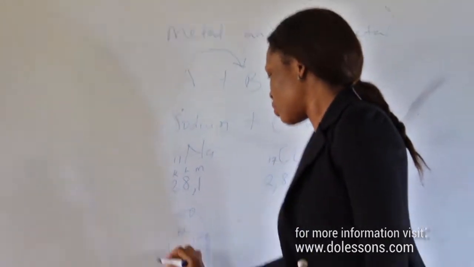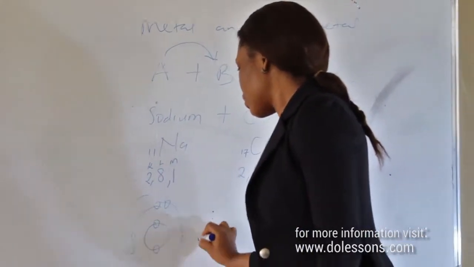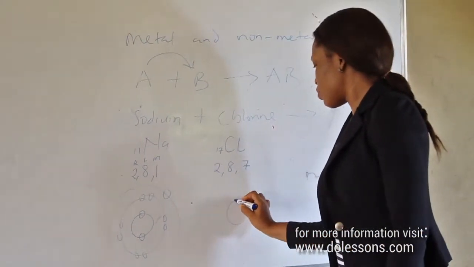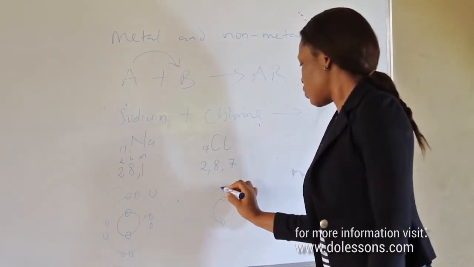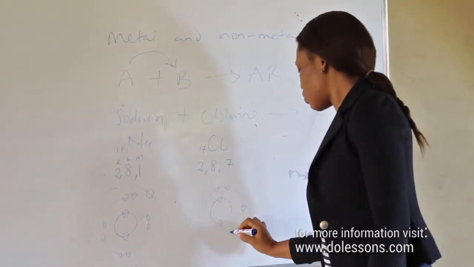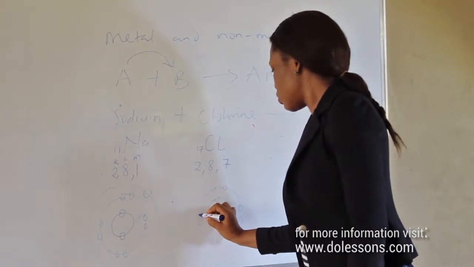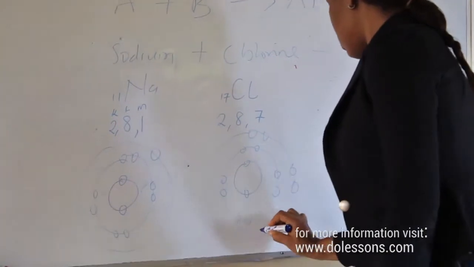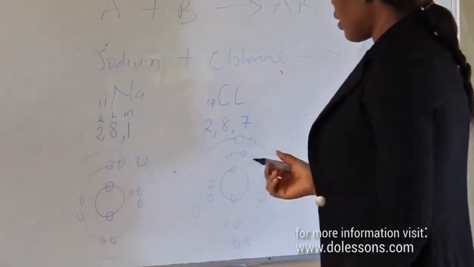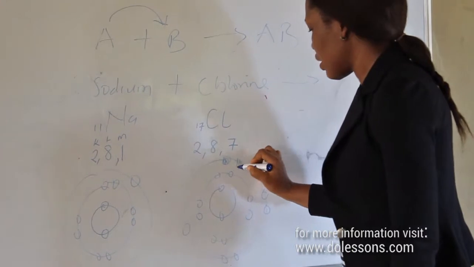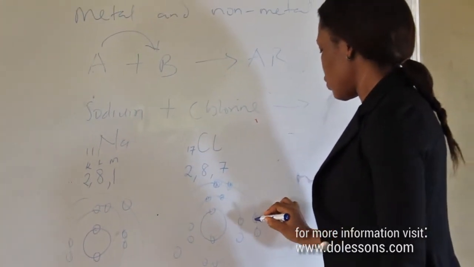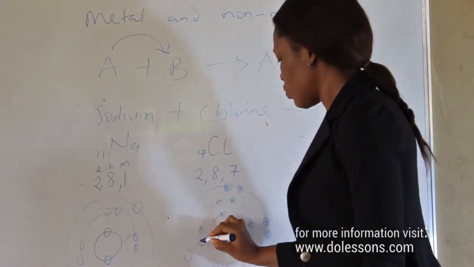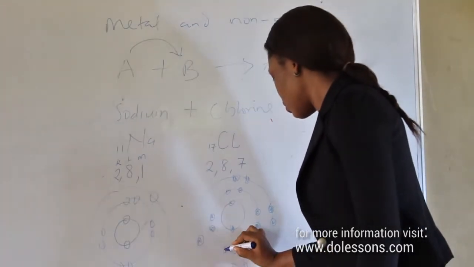I need to draw 1 electron in the outermost shell, while chlorine will have 2 in the innermost shell. Now, I'll shade the electrons. The electrons in chlorine are shaded, so we can differentiate after the transfer of electrons.